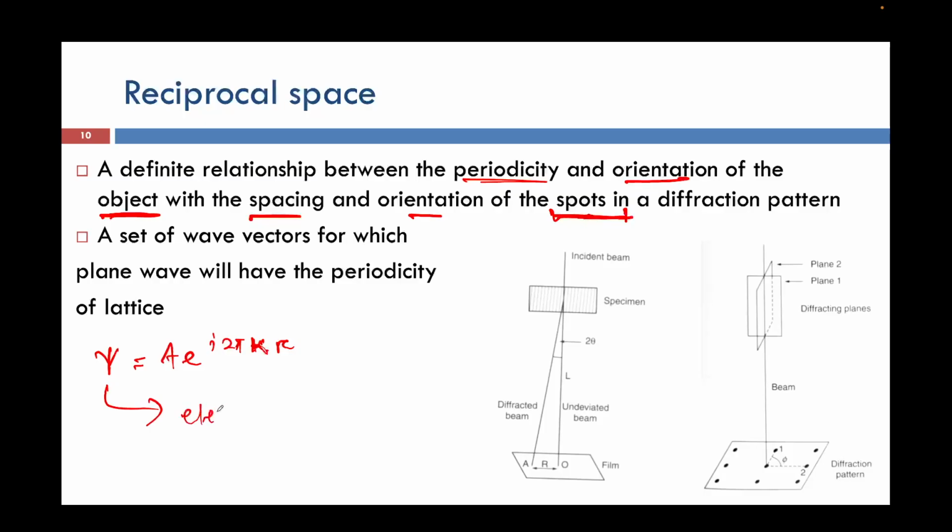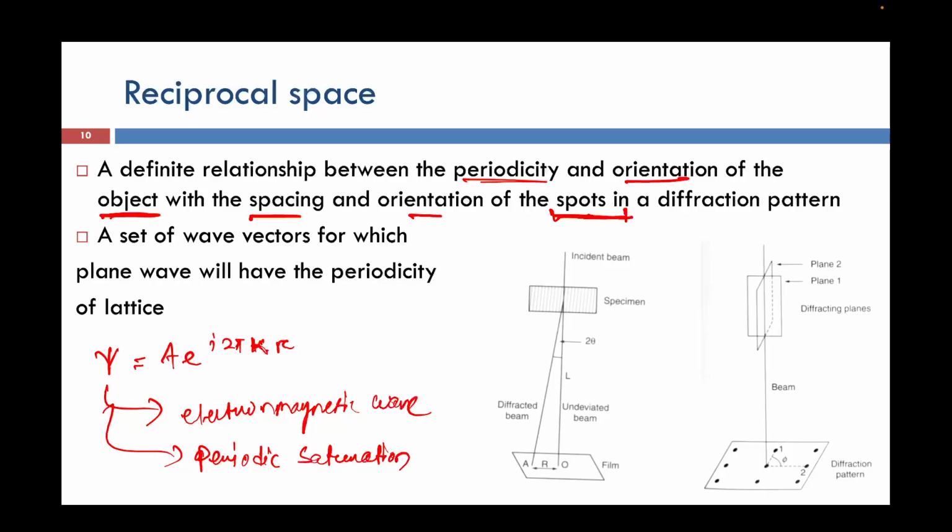I can represent my beam as an electromagnetic wave which has periodicity. That means at a particular interval, this wave will be having periodicity.